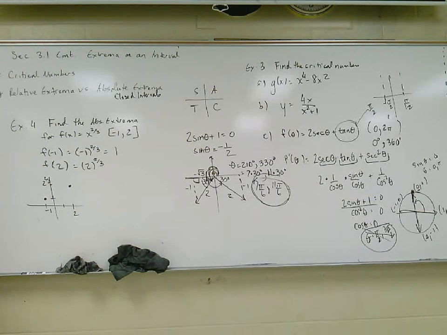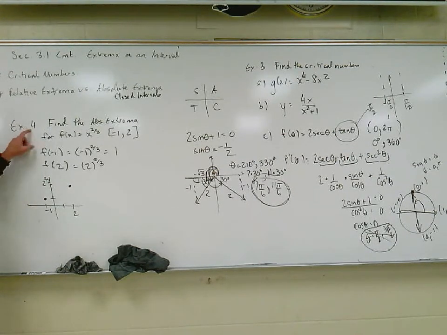What else do I need to look for? In between here, what else could happen? Peaks or valleys, how do you find that? Or undefined. You're going to see this derivative doesn't equal 0.